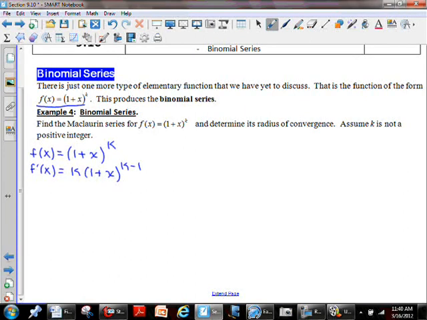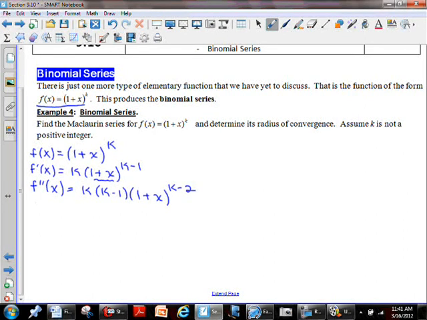We would have to take the derivative of this 1 plus x term, but because the derivative of that is 1 and will continue to be 1 throughout this problem, we don't have any other significant change to our derivative. Second derivative. Well, the k that's already out in front will be joined by a k minus 1. And now our 1 plus x would be, of course, raised to the k minus 2 power.